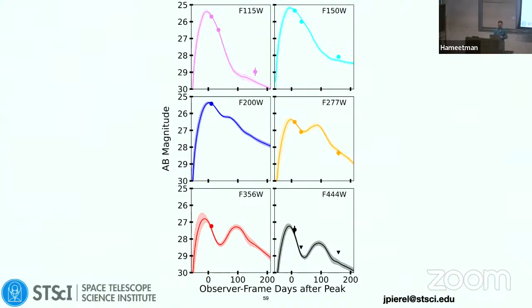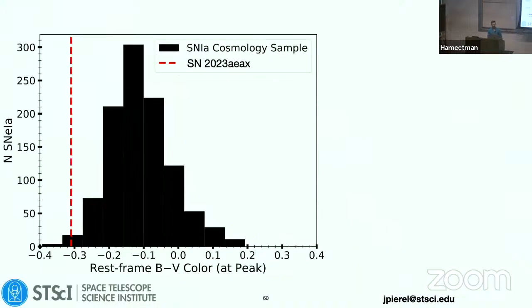But a couple of interesting things about these 2 type 1A supernovae, which are the first 2 spectroscopically classified 1As at above redshift 2. The first thing that's interesting, which I mentioned, is their color. This is a distribution of spectroscopically classified 1As that have been used for cosmology in the past.